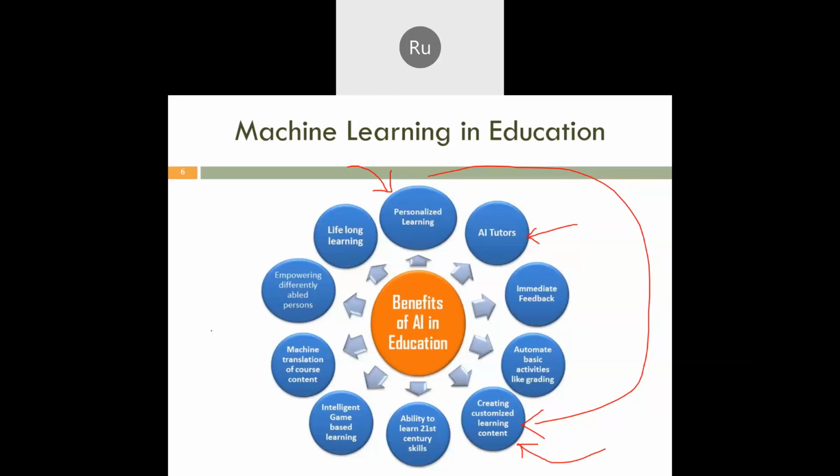Okay, we can also use machine learning to do some machine translation for multilingual courses. Okay, so if you want to teach this course in English, this course is also available in Chinese or in Malay or in French or in Spanish or in other language. So that is machine translation content.